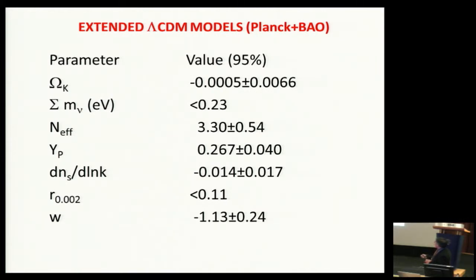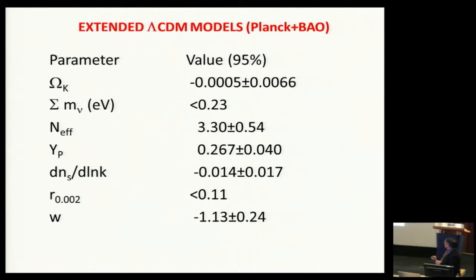So what we find is a universe that is consistent to sub-percent precision with spatial flatness, a constraint on neutrino masses of less than 0.23 eV, and a number of effective relativistic species that is compatible with the standard value of 3.046.